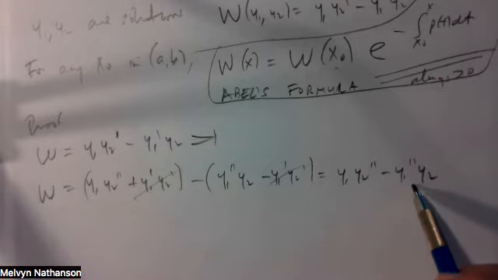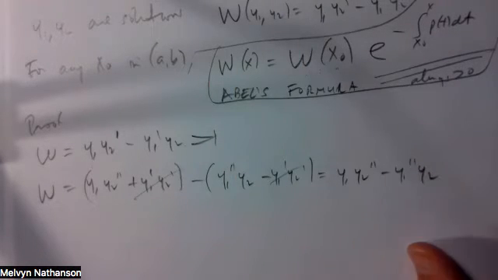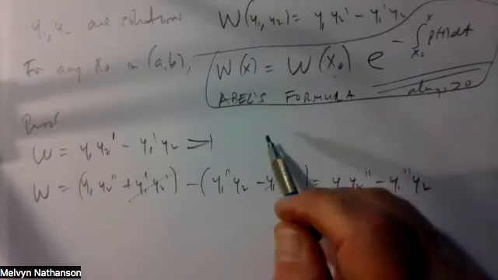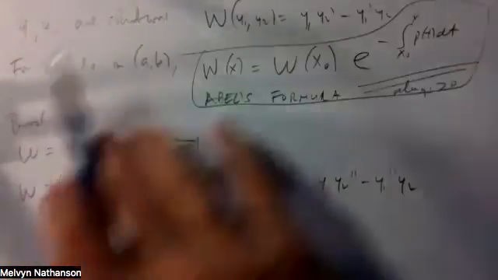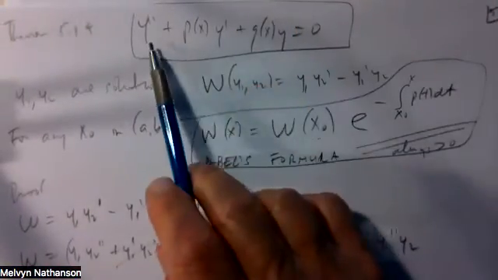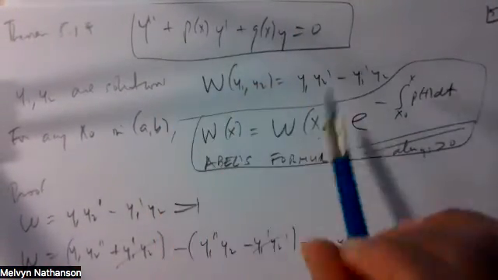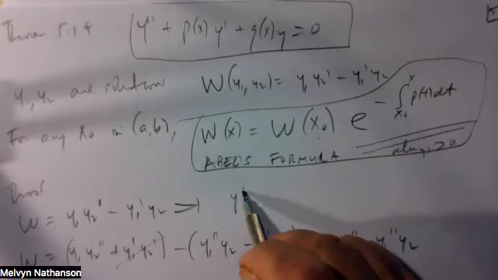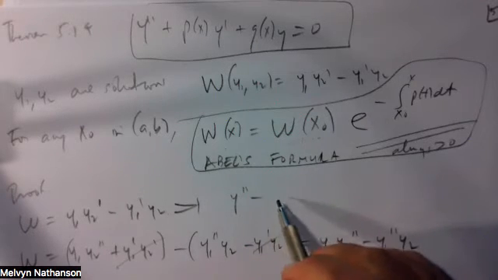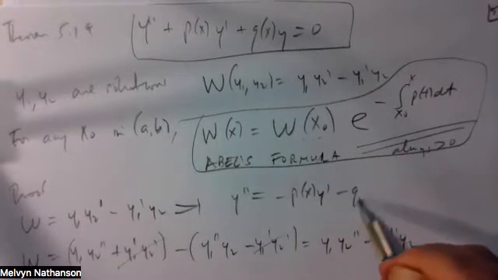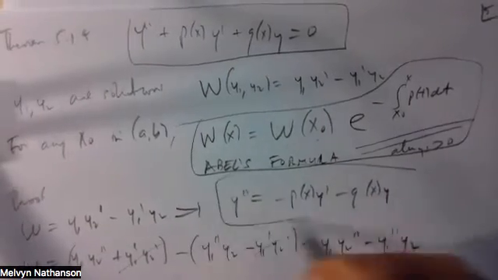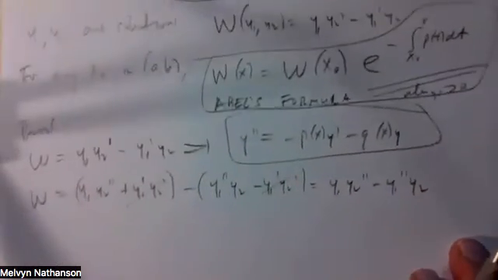So we get y1 y2 double prime minus y1 double prime y2. But y1 and y2 are solutions of this differential equation. If I bring the second derivative to one side and put everything else on the other, this says that y double prime is equal to minus p of x y prime minus q of x y for any solution.